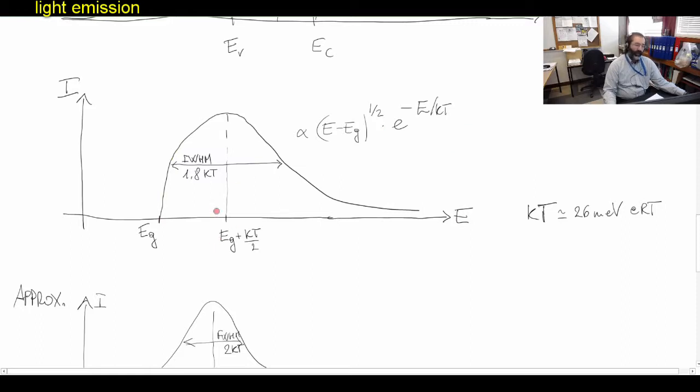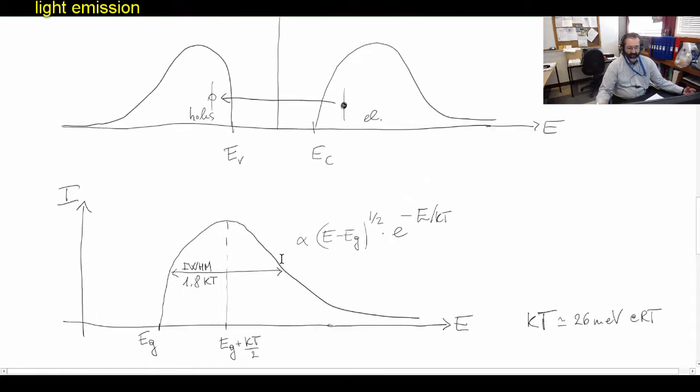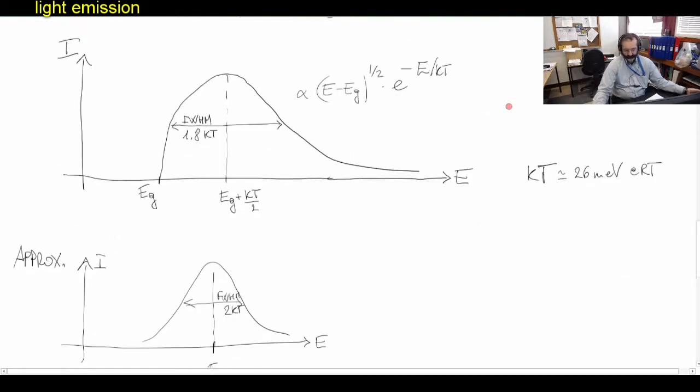And so we should not be surprised by the shape of this emission spectrum of light coming out of a semiconductor during a radiative recombination, because this is effectively imprinted into the fabric of the semiconductor by these distributions. Okay, so it actually comes down to where the electrons are and where the holes are, obviously.